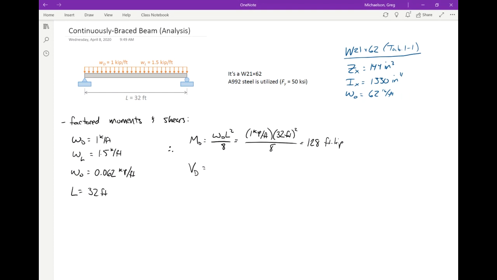I want somebody to tell me what's the formula for the shear. What is the maximum shear on a simply supported beam subjected to a uniformly distributed load? It's not WL squared over 8. That's the moment.